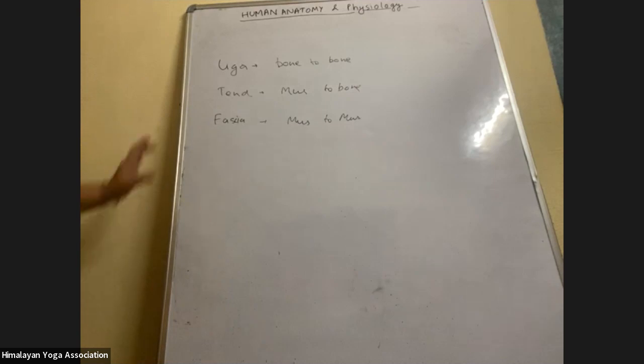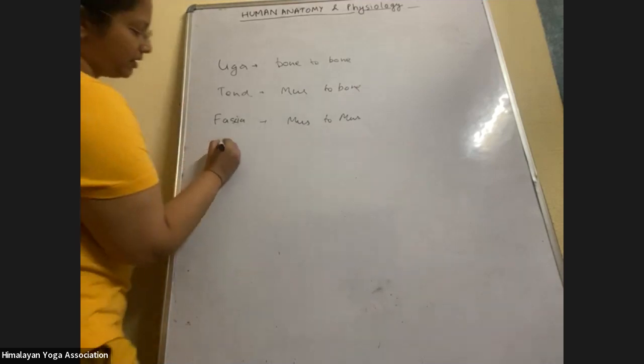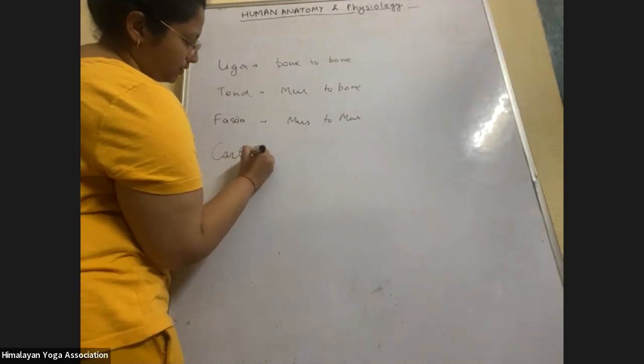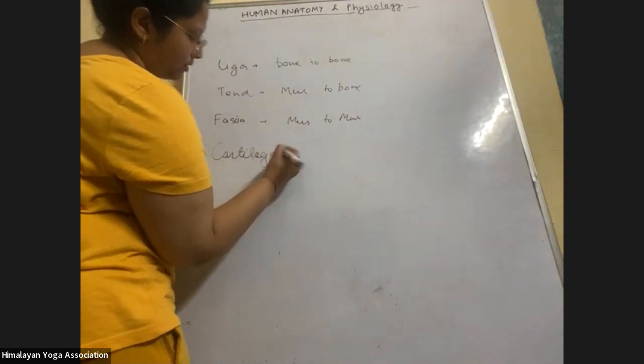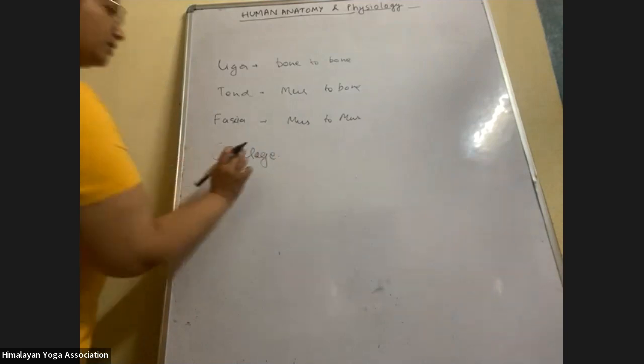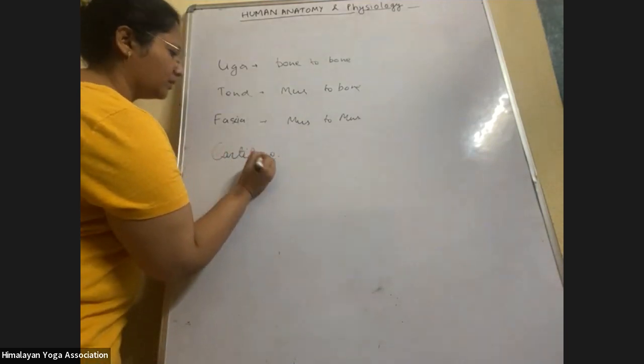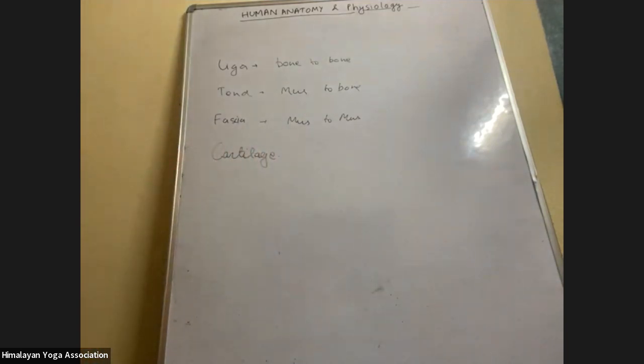And we have cartilage. So, what is cartilage? It's not a soft bone.